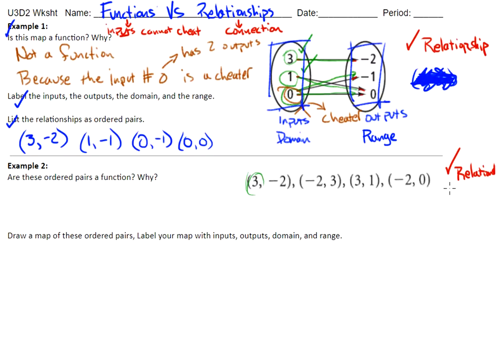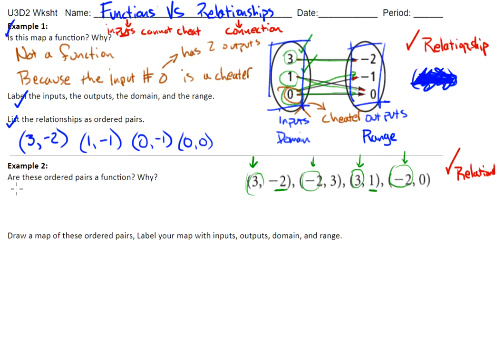Is it ever in a relationship with somebody else? We need to check all my inputs first. So do I ever see 3 show up twice? I do. 3 is in a relationship with negative 2, and 3 is in a relationship with 1.